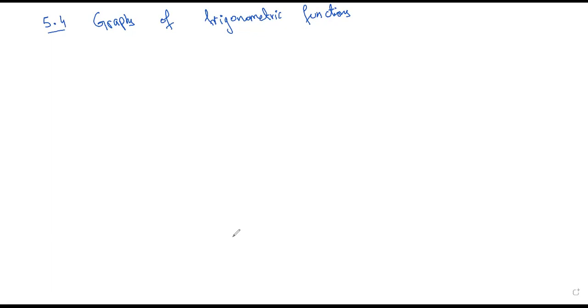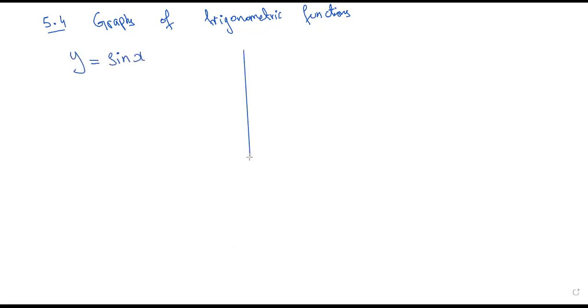We make some changes with the function and then the graph changes accordingly, right? So for now, let's just talk about the basic shape of the equation y equals sine x.